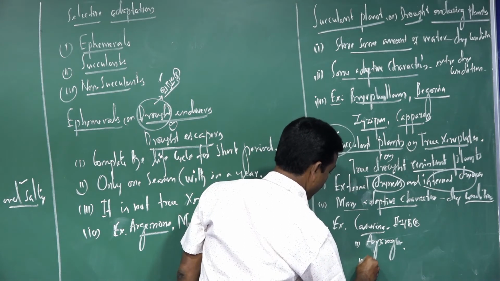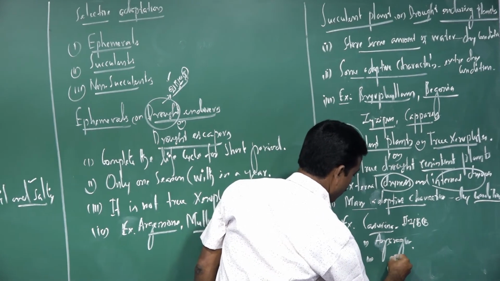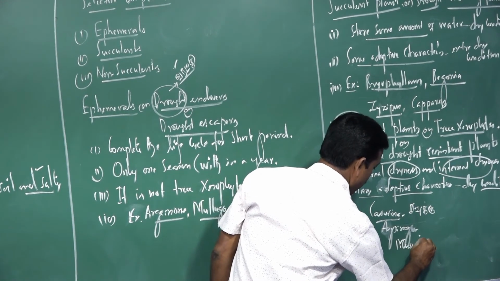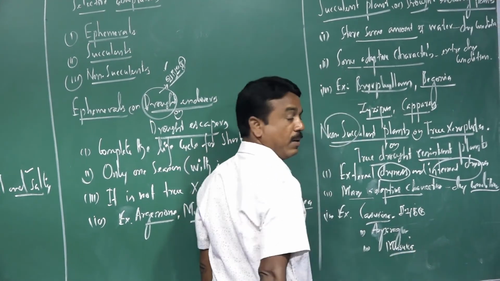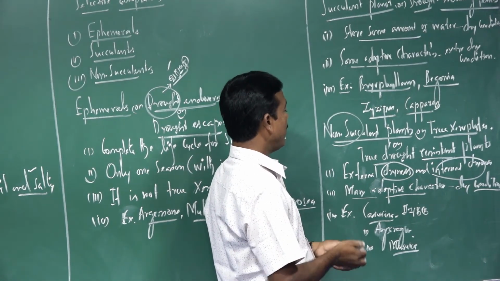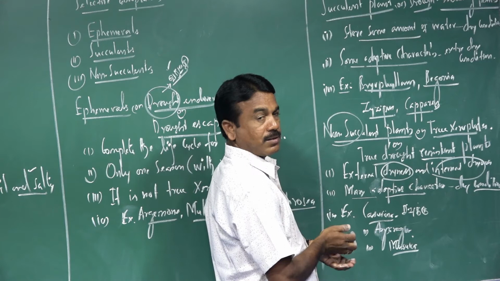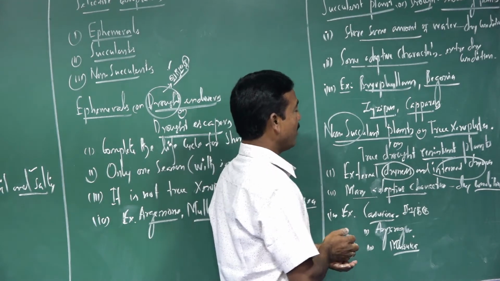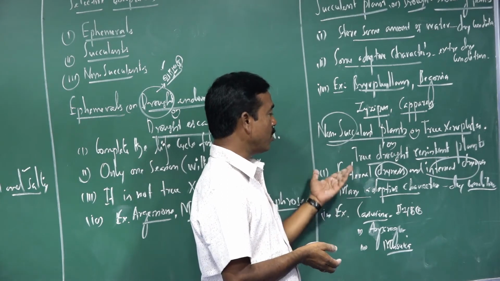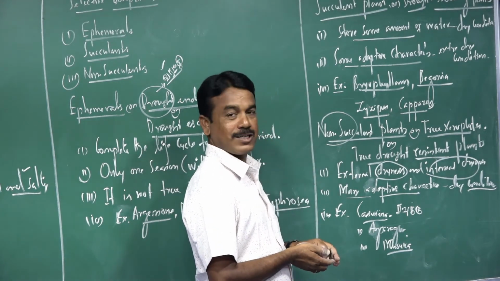Then the third one, musuka, in Tamil musukai. Those are examples of non-succulent xerophytes, or non-succulent plants, or true xerophytes, or true drought resistant plants.